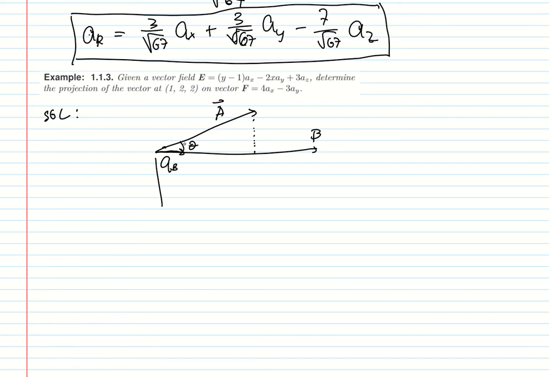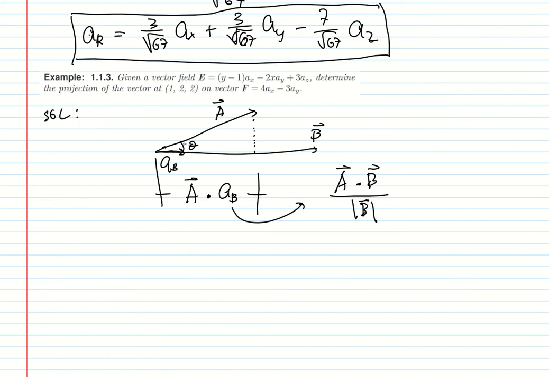This length here is equal to A dotted with that unit vector AB. Another formula for this one, because AB is equal to B divided by the magnitude, is A dot B divided by the magnitude of B, because vector B divided by its magnitude is the unit vector AB. So you can use that formula, or you just simply dot the vector A to the unit vector AB.